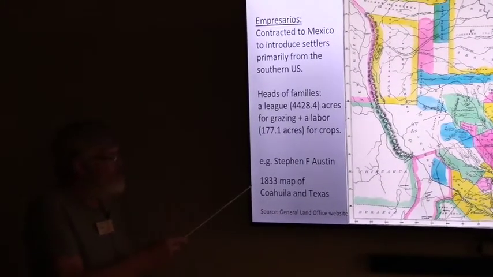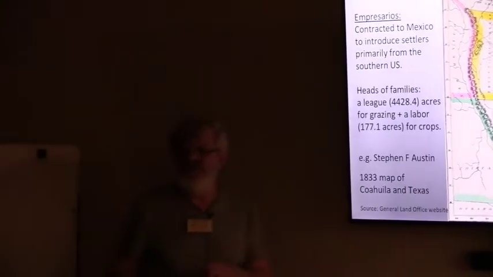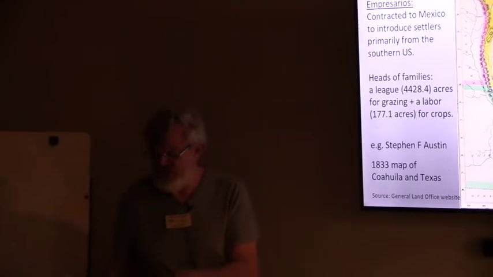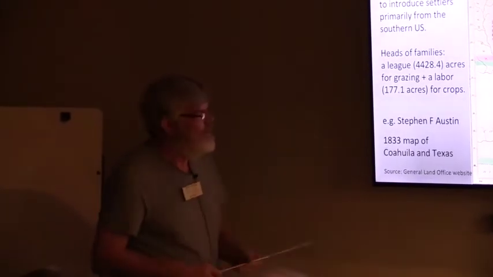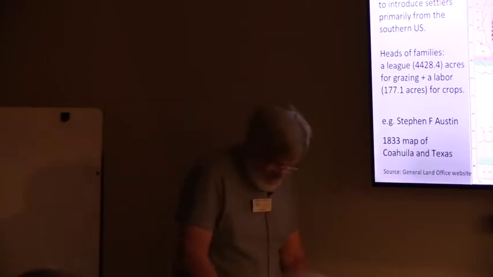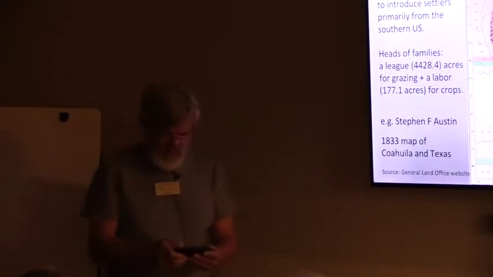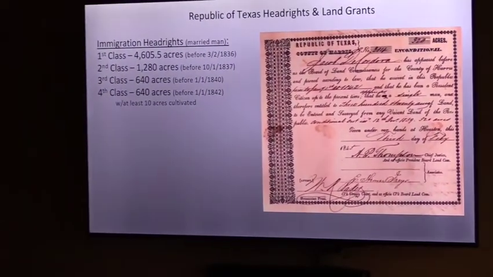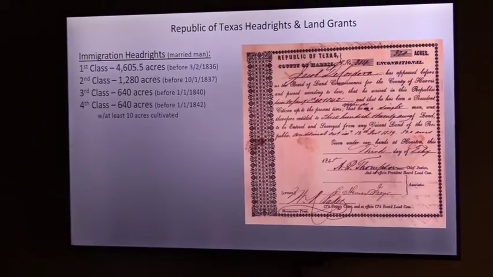This is a map from 1833. This is after Mexico won its independence from Spain. And it's the Coahuila and Tejas map. Okay, so when Texas won its independence, oh, I left something out.